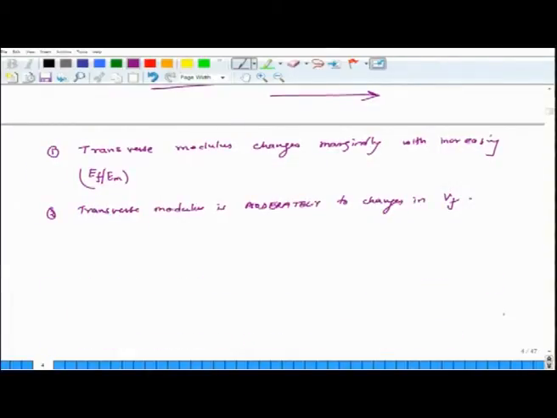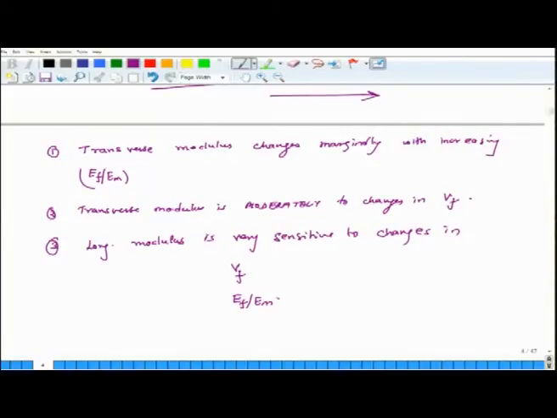And these are two observations on transverse modulus, and the observation on longitudinal modulus is that longitudinal modulus is very sensitive to changes in Vf and also in the Ef over Em ratio.